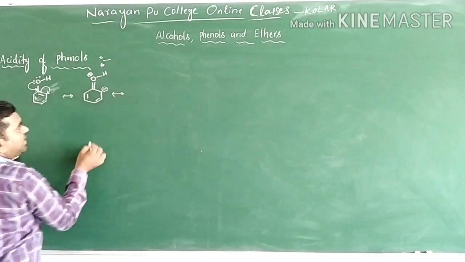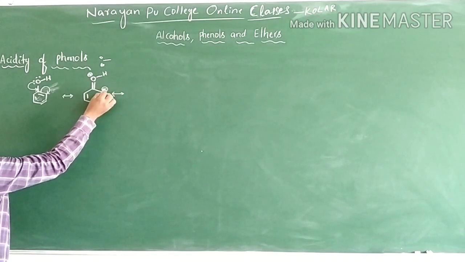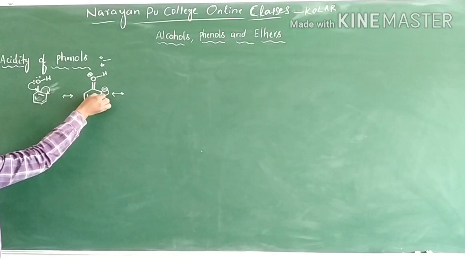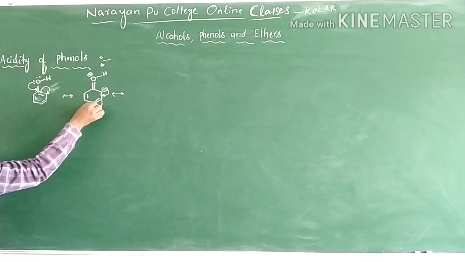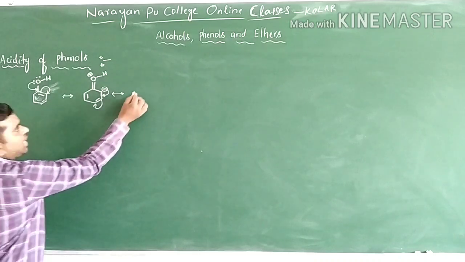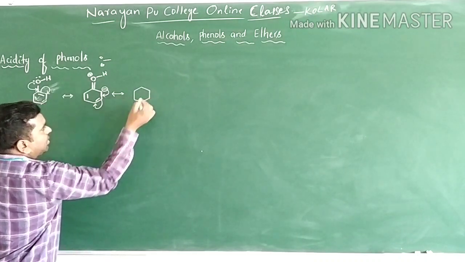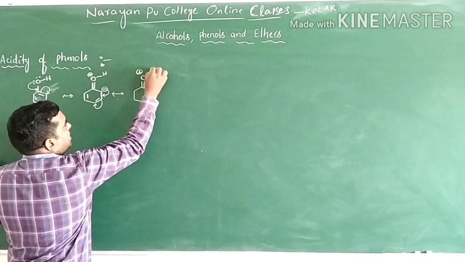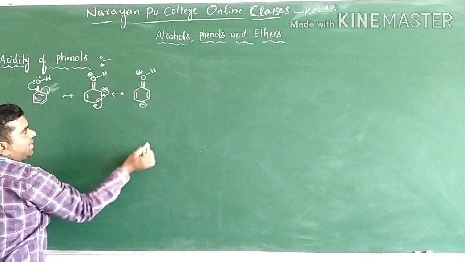Again it is involved in resonance, because the negative charge and the double bond are separated by a single bond, which is conjugation. The pair of electrons comes here, converting into a bond pair, and these bond pair electrons go towards the carbon. Then you get the compound with a double bond, O plus and H, then a negative charge, a double bond and another double bond.